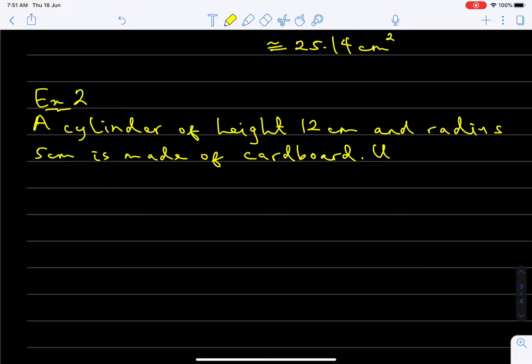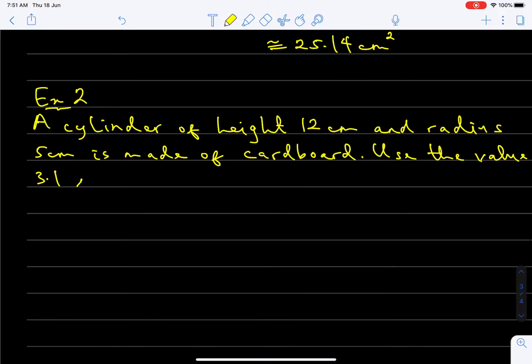Use the value 3.1 for pi. That means here pi is not 22 over 7, it's 3.1. Use the value 3.1 for pi to calculate the total area of cardboard.